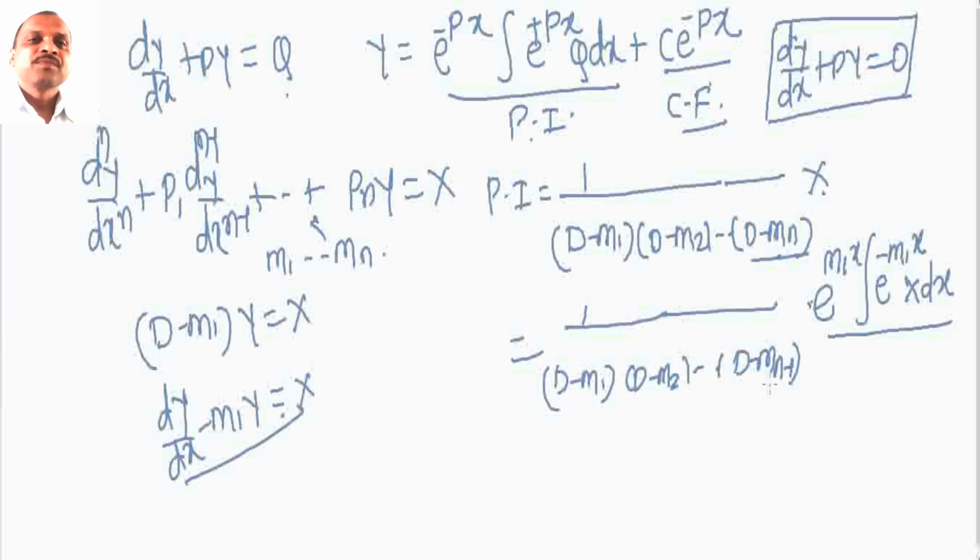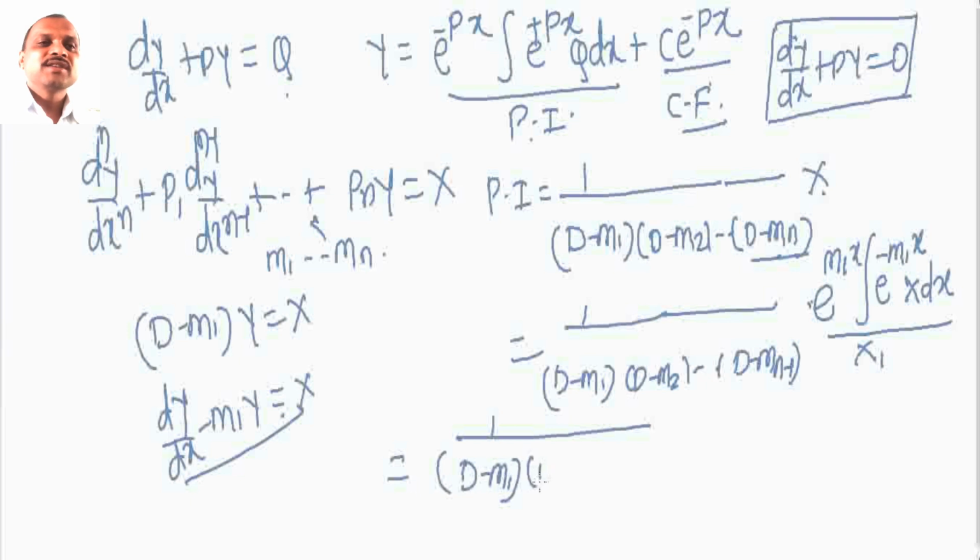Okay, similarly let us operate the next operator on this x. This is my new x, x1. You can see that here 1 divided by (D minus m1)(D minus m2) ... (D minus mn minus 2).